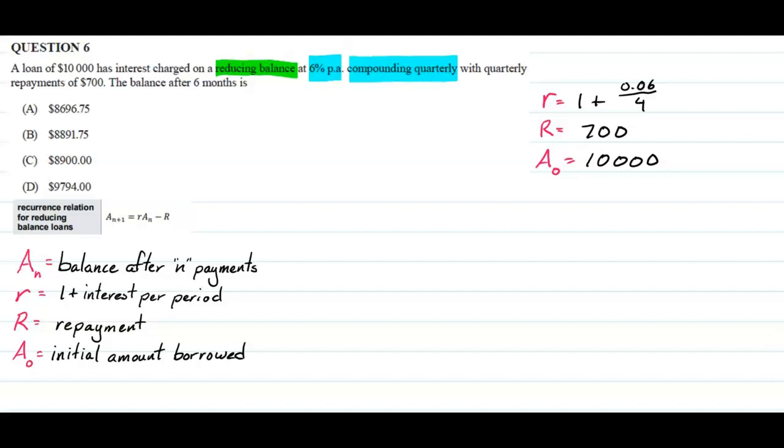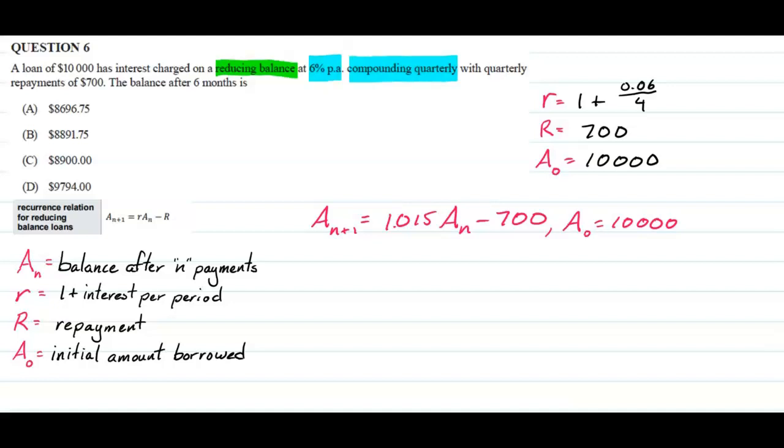So we have A n plus 1 equals R, which is going to be 1.015 multiplied by A n minus 700. And our initial balance that we borrowed, A sub 0, is $10,000.